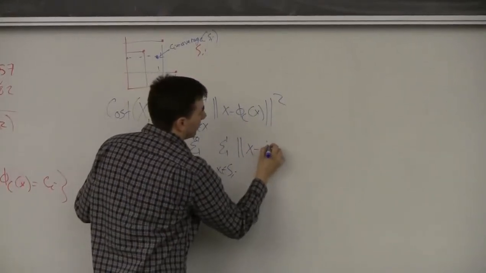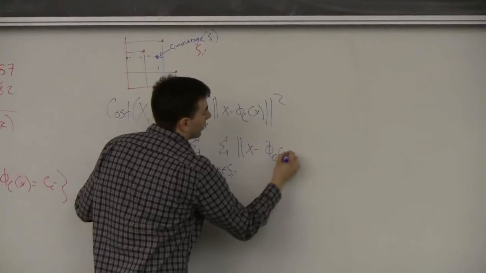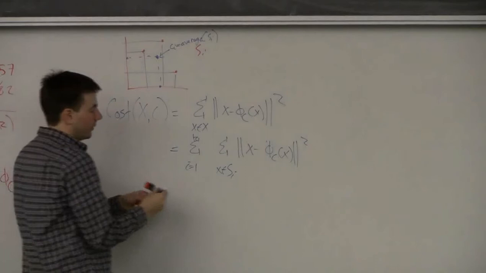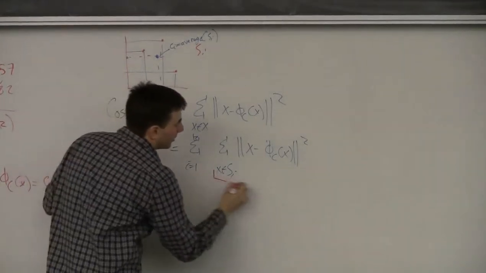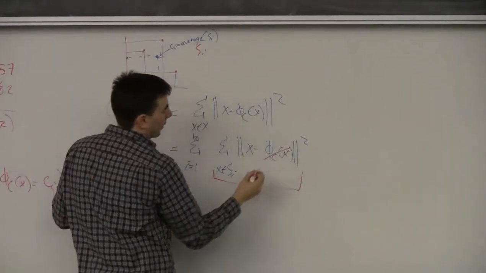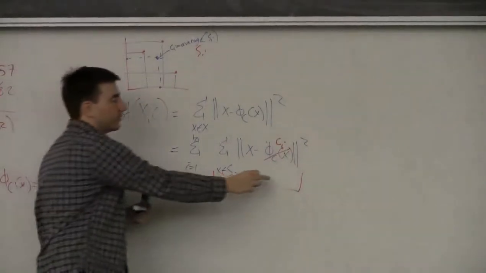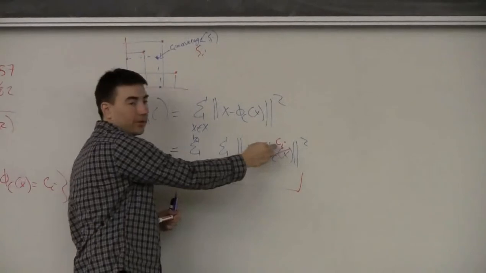Inside of this sum, the center is always going to be c_i, so everything in this sum is mapped to the same center.